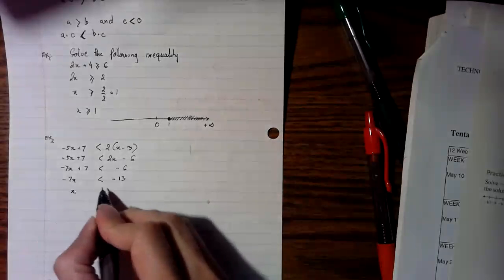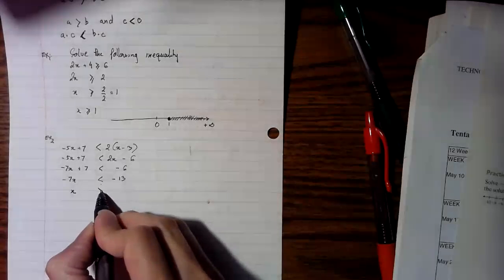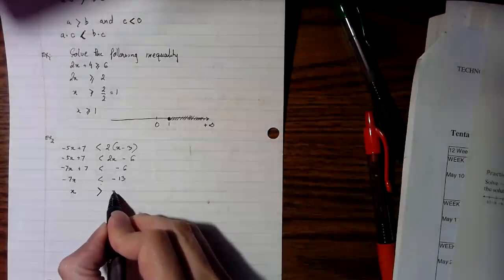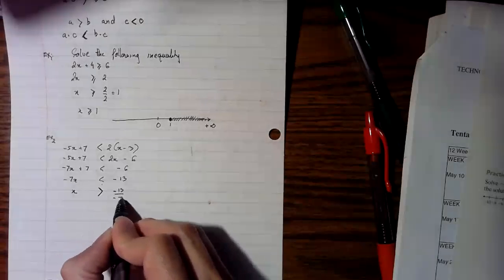Now in order to get x, you need to divide both sides by negative 7. And according to the multiplication property, if you divide by a negative number, you have to change direction. So instead of less than, it's greater than negative 13 over negative 7. And negative 13 over negative 7 gives you 13 over 7.